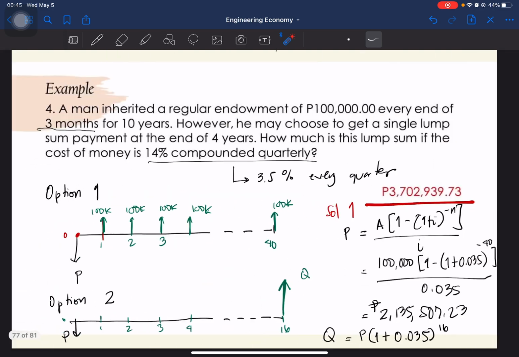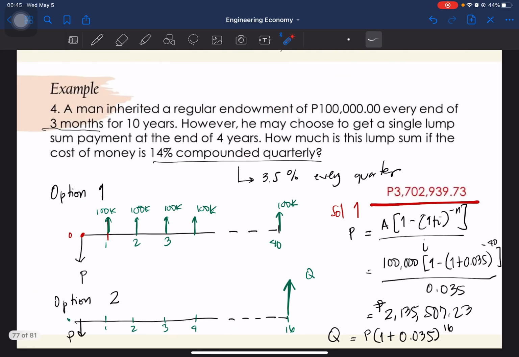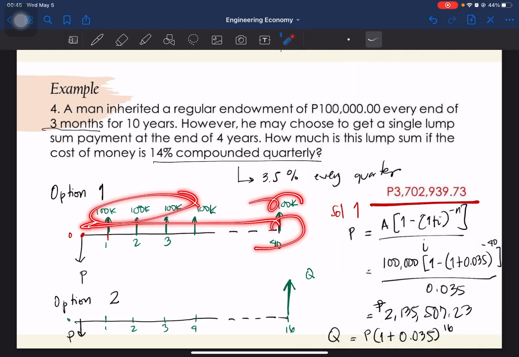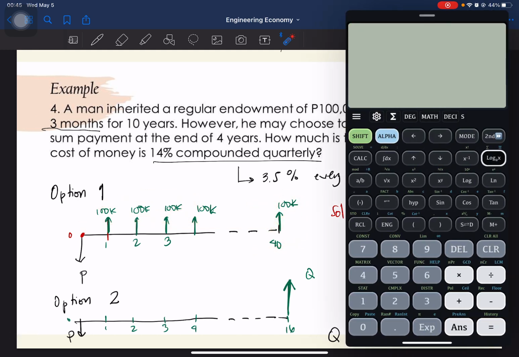Okay? Sampulan natin tong ano. Kaya na ito, nakita ko pwede dito eh. Ito to, in number 4, yung present worth. Ito, kunin natin tong present worth na to. Yung nakuha natin yung present worth is 2,135,507.23. Tama? That is 40 payments worth 100k each. Ia-atras natin lahat doon sa present worth P. So, that is 100,000. Atras natin lahat yan. Interest rate is 0.035.